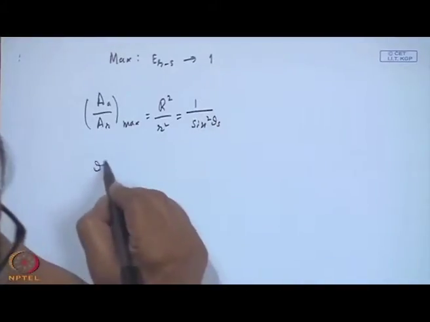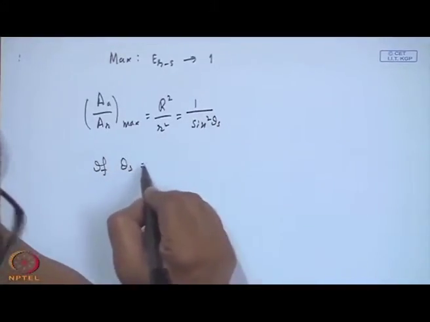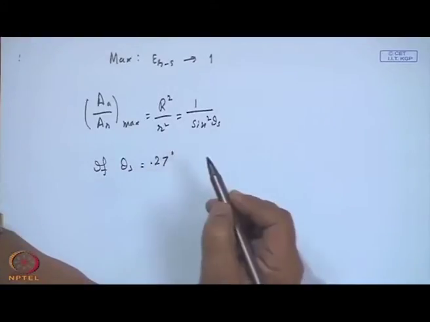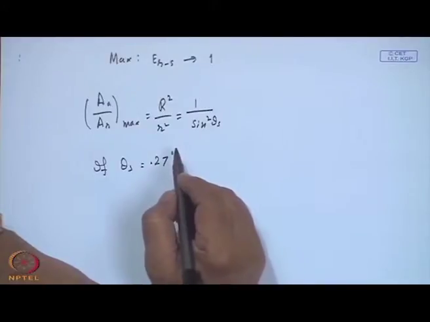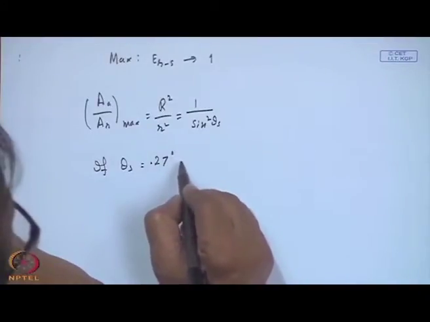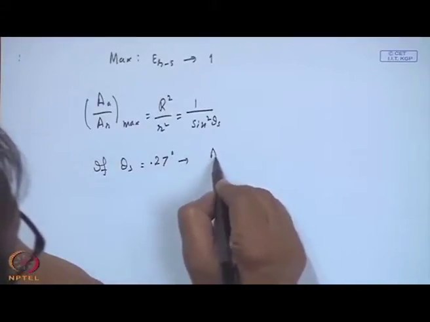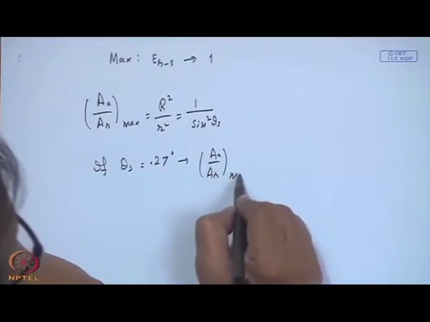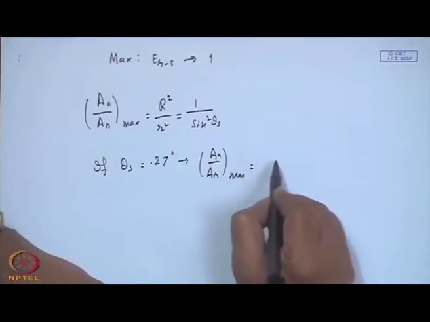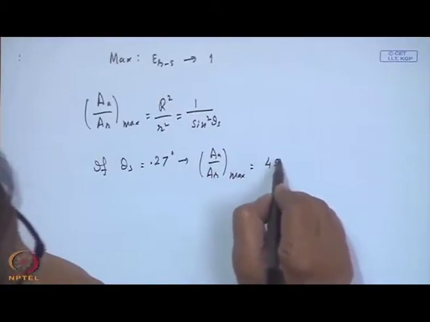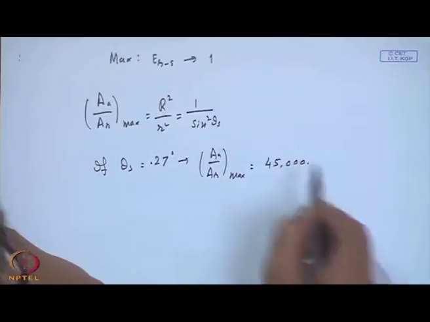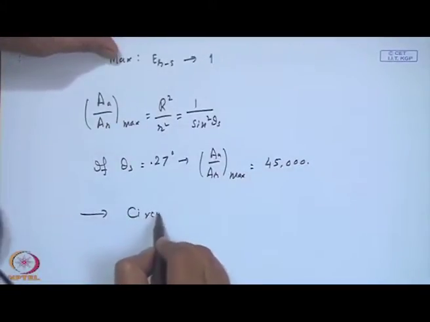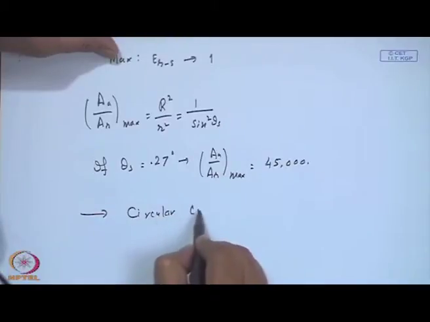And if theta s is 0.27 degrees, that is the half angle subtended, then you have A upon AR maximum equal to 45,000. This is for a circular concentrator.